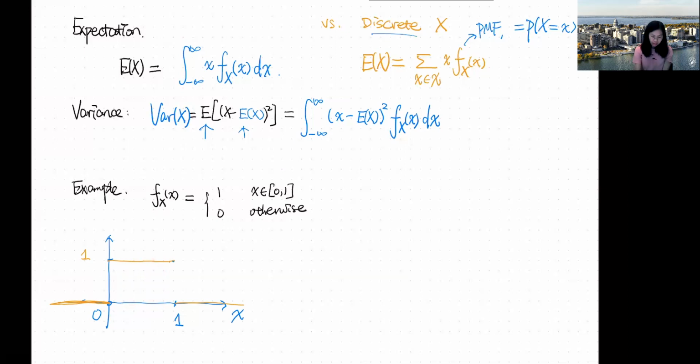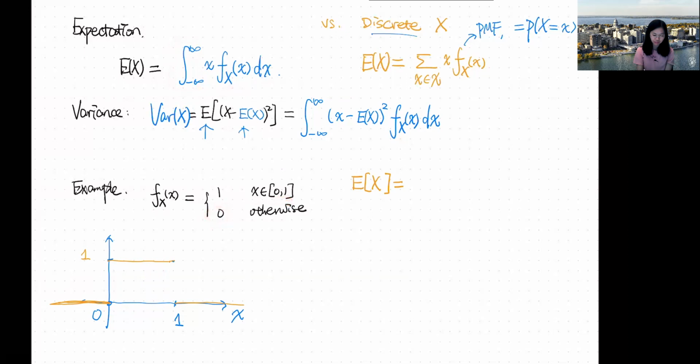Now with this probability density function, we can calculate the expected value of x. The expected value is the integral from -infinity to infinity of little x times the probability density function of x dx. But note that the probability density function equals 0 unless little x is on the 0, 1 interval.